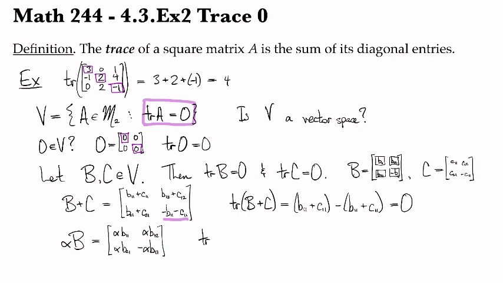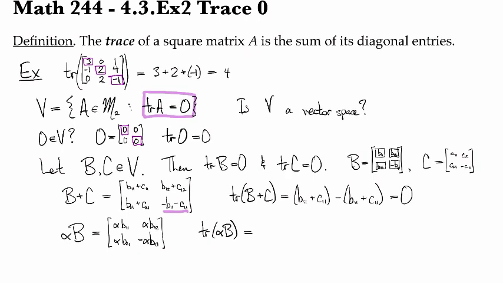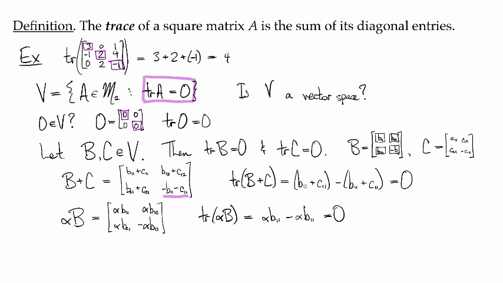And then the trace of alpha B is going to be alpha B11 minus alpha B11, which is 0. So the collection of matrices of trace 0, known as trace 0, is a vector space.